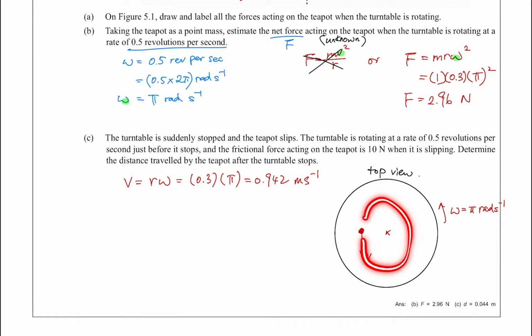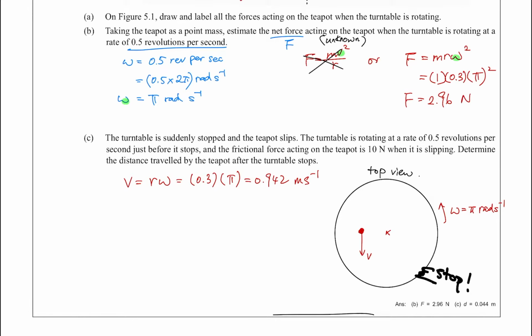If you keep rotating at a constant speed, the teapot will move with a constant speed. It will not stop. However, this is not the case. In this case, we are taking our hand, stop the turntable. And when the turntable is stopped, due to inertia, the teapot will continue to move forward.